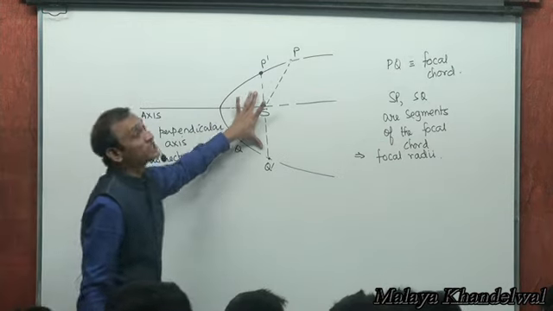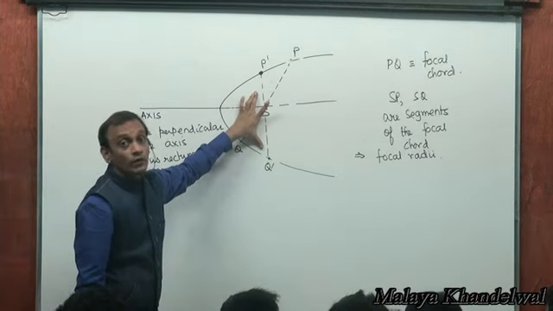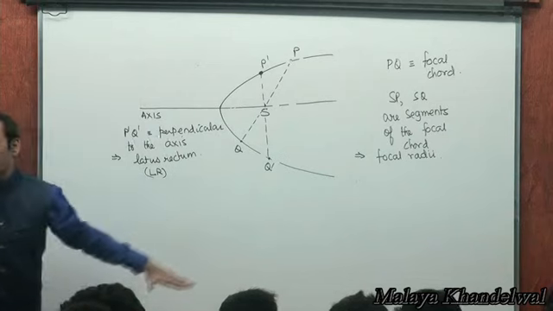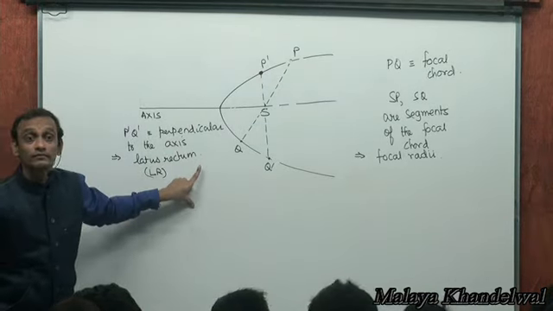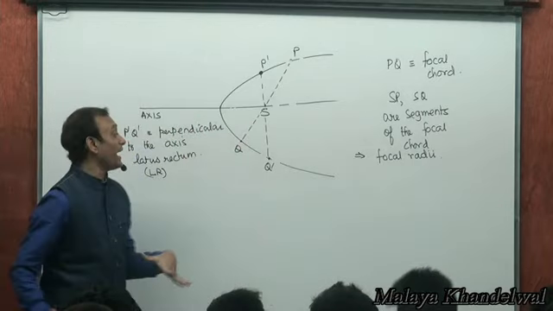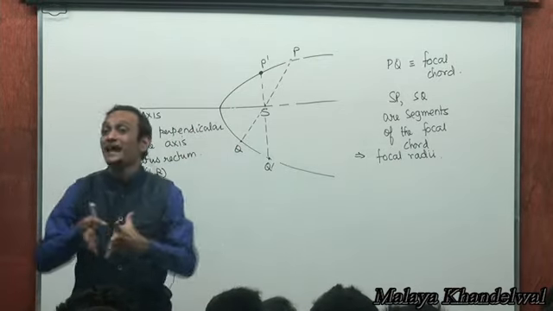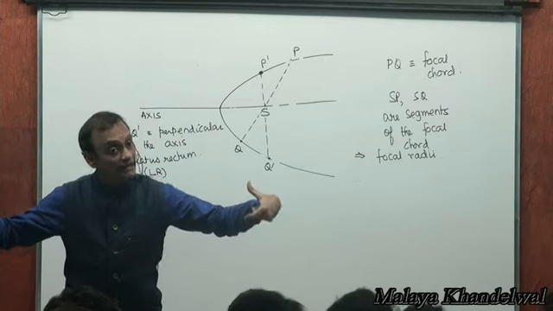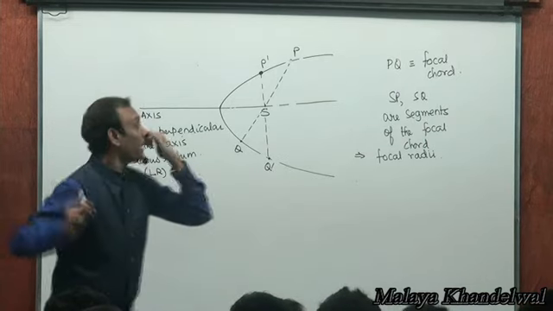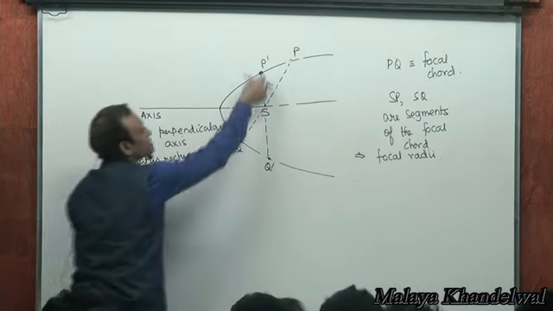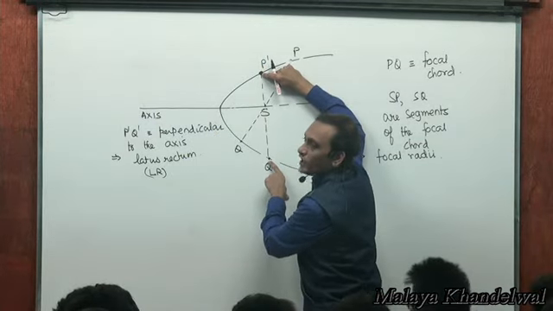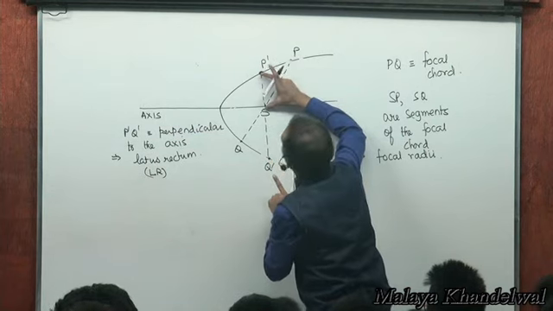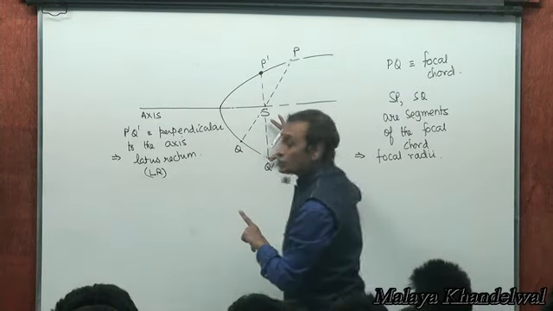P prime Q prime is a special focal chord which is perpendicular to the axis, and that focal chord is referred to as the latus rectum LR. This length P prime Q prime is called the latus rectum of the conic. And very clearly, since P prime and Q prime must be symmetric about the axis of the conic section, SP prime must be the same as SQ prime.